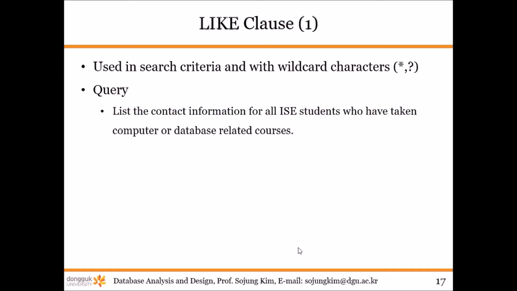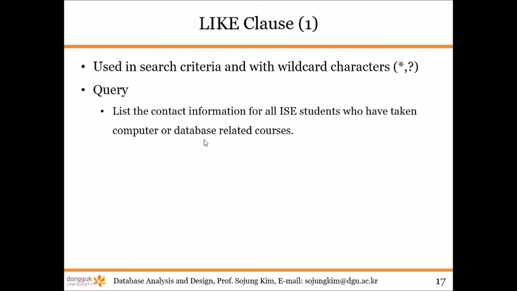The like clause is used in search criteria with wildcard characters. So these are the wildcard characters: asterisk and question mark. So we want to list the contact information for all ISE, industrial systems engineering students who have taken computer or database related courses, like this course.